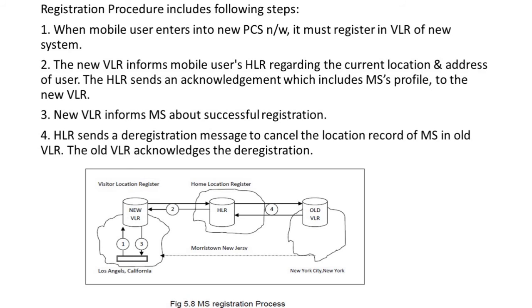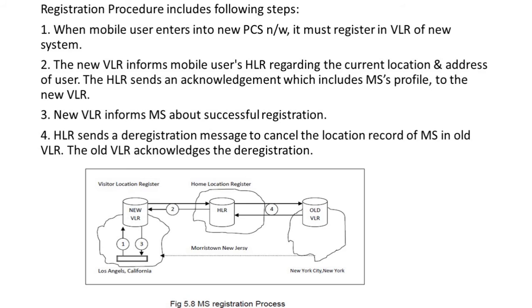The HLR sends an acknowledgement which includes the MS's profile to the new VLR. So my information would be sent by my home location register to the new VLR where I have moved. And what would that information be? That would be the profile of the MS. The new VLR informs the MS about successful registration, meaning you get a notification that now you are in the roaming area of Delhi.